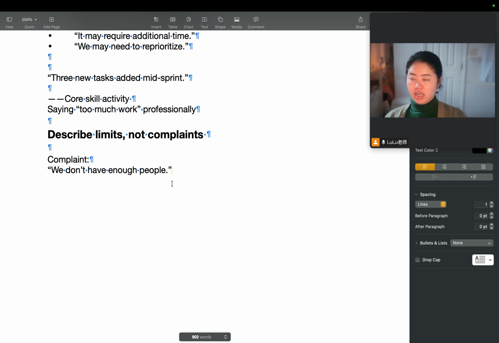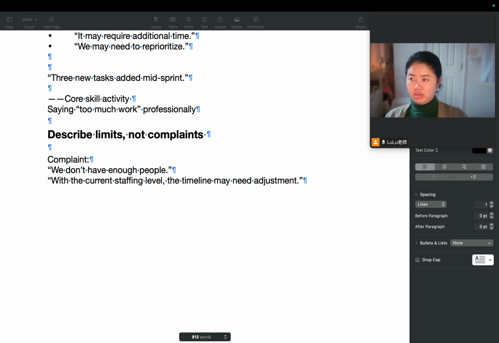Yes, you can say, with the current staffing level, the timeline may need adjustment.